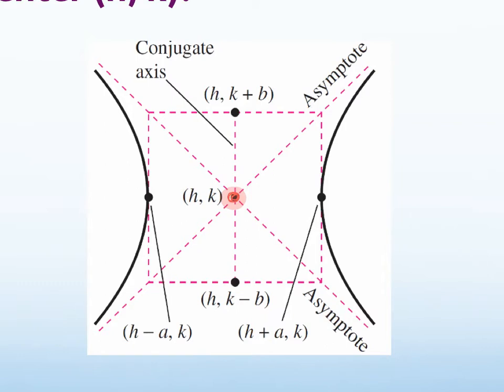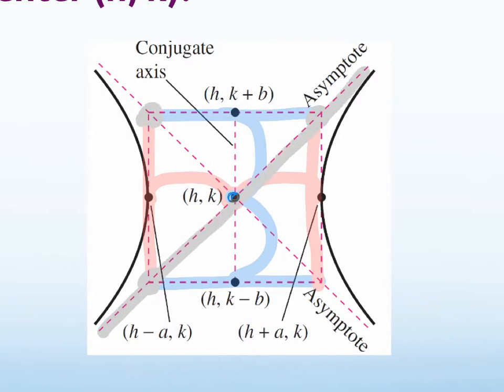This is a horizontal one, so I would have gone to the right a, to the left a, and up b and down b. And what happens is I can actually draw myself a little rectangle based on those distances. The corners of that rectangle are where my asymptotes pass through.